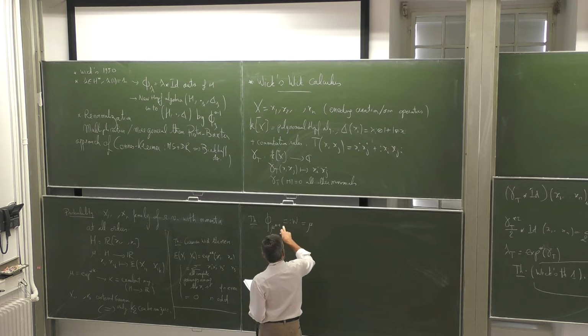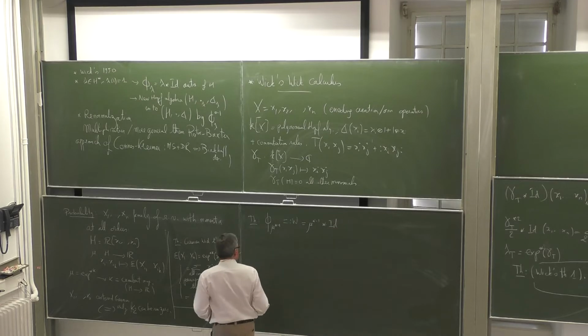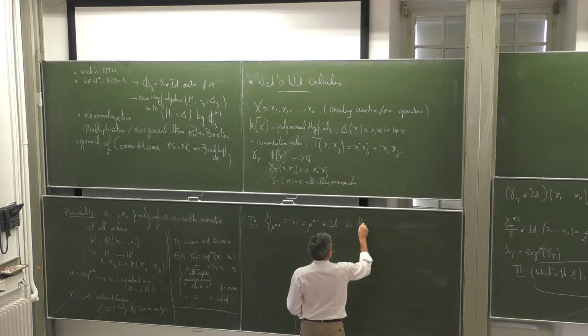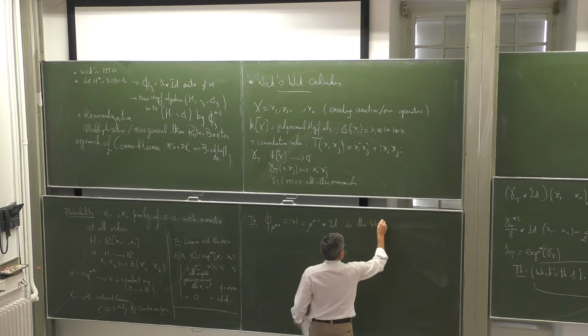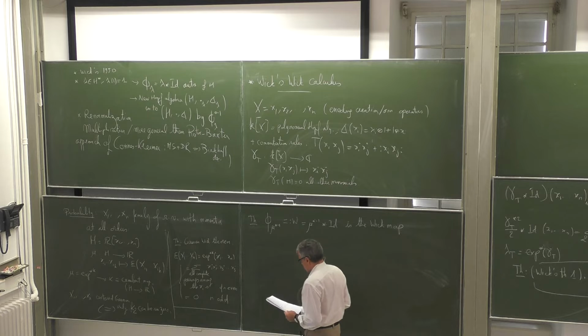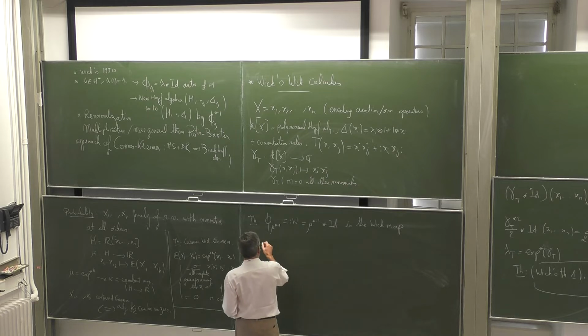I apply the construction phi. So what I get is the convolution inverse of mu convolved with the identity, and this is the Wick map of the first lecture. And so usually it is written with double dots.